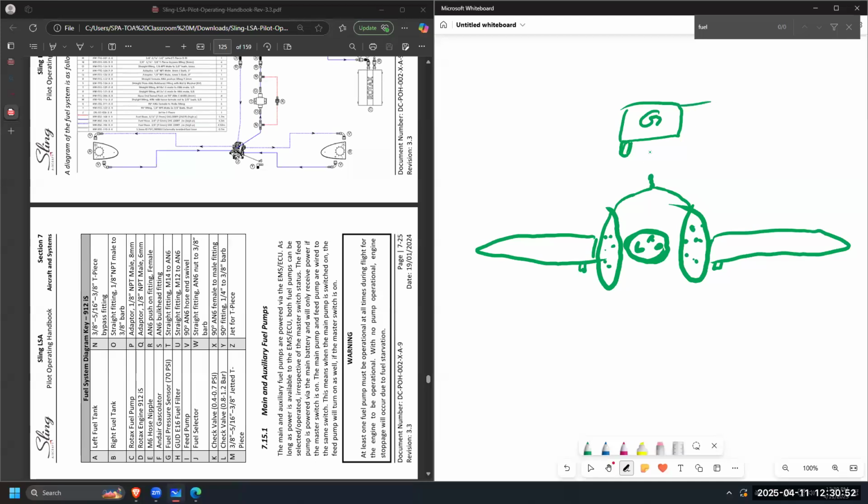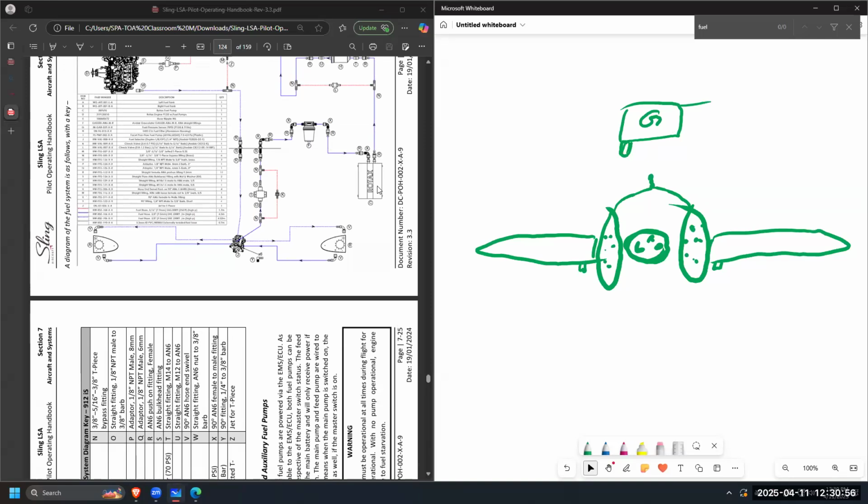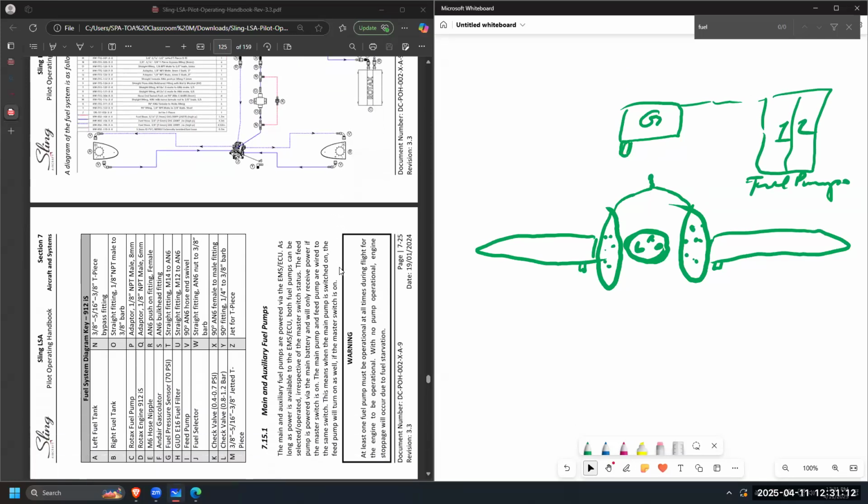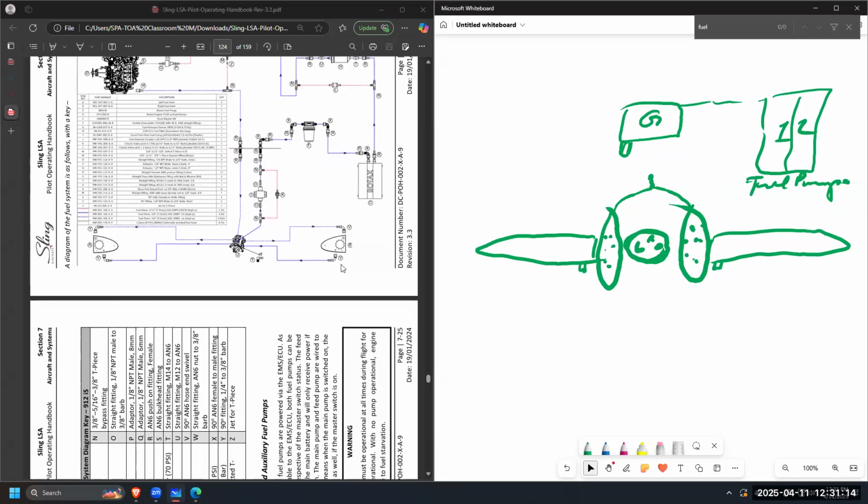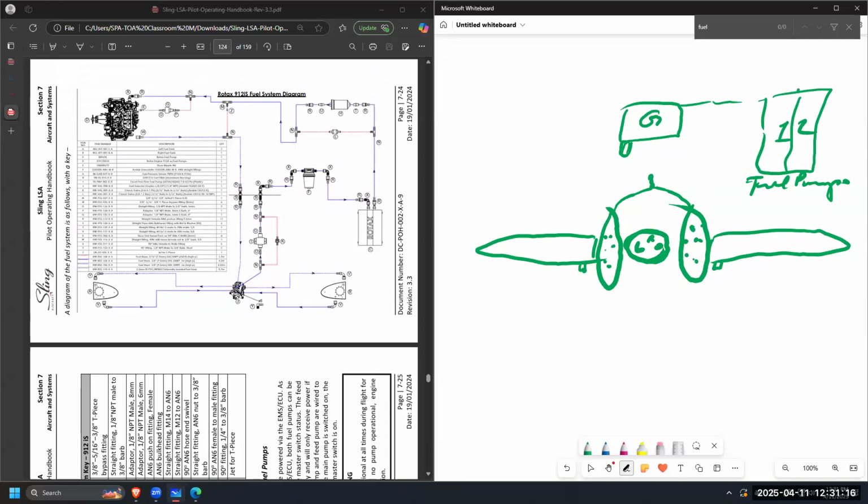All right, after the gascolator, where does it go? That is absolutely correct. How many fuel pumps do we have? Two. So there is your Rotax 1 and 2 fuel pumps. Where does it go after that? Fuel filter, yeah, correct. So now you're walking it through here and it goes to the final filter.